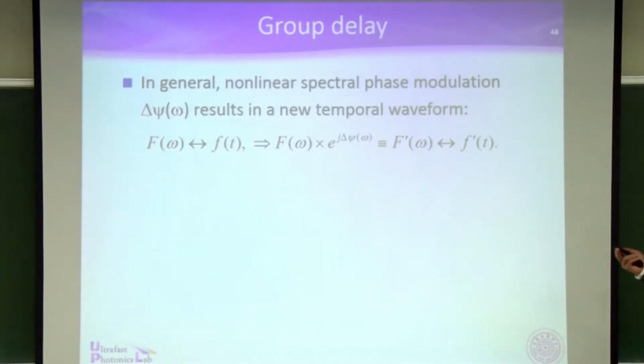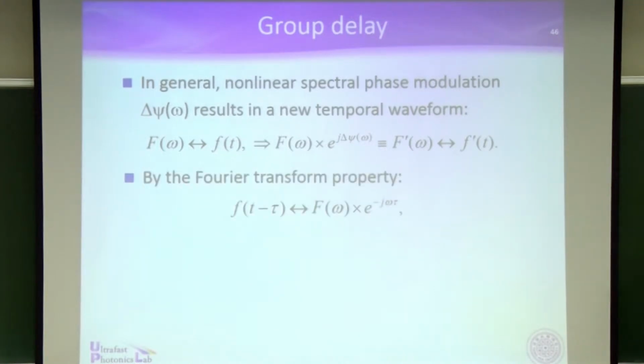And there is no clear relation between small f prime and the small f, because delta omega in general is a nonlinear function. There is no clear relation. But you can borrow the Fourier transform property.